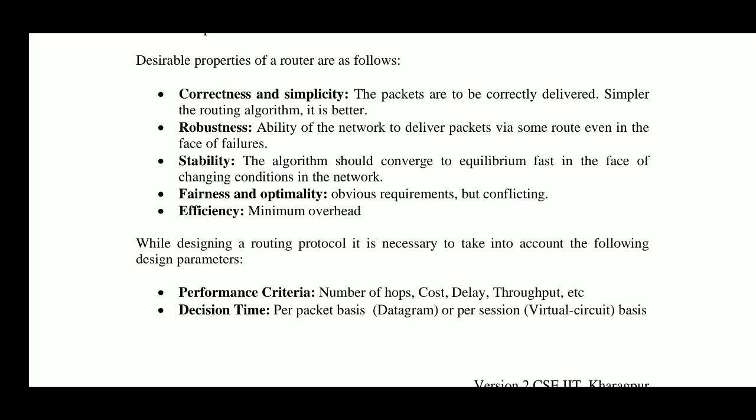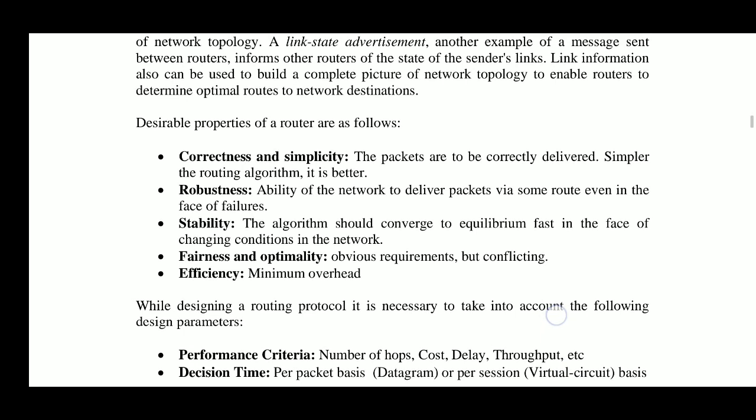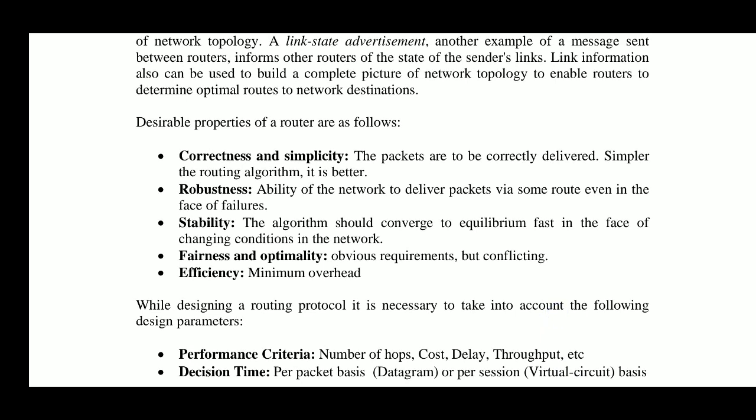Stability: with changing conditions in the network, the algorithm should be stable and should converge to equilibrium fast, so the changes do not affect the routing algorithm. Fairness and optimality: the routing algorithm must be fair enough to provide a route for all packets.